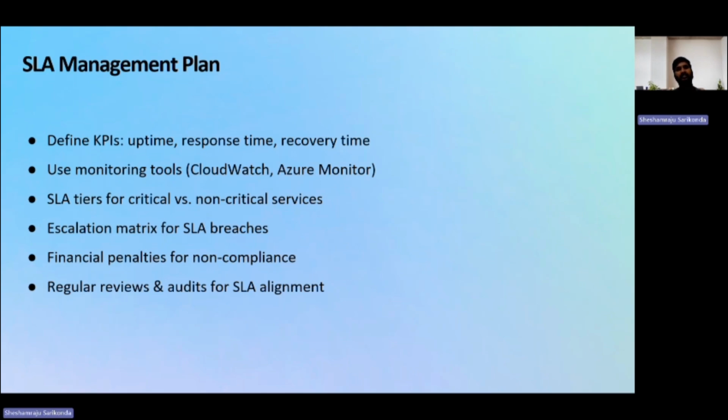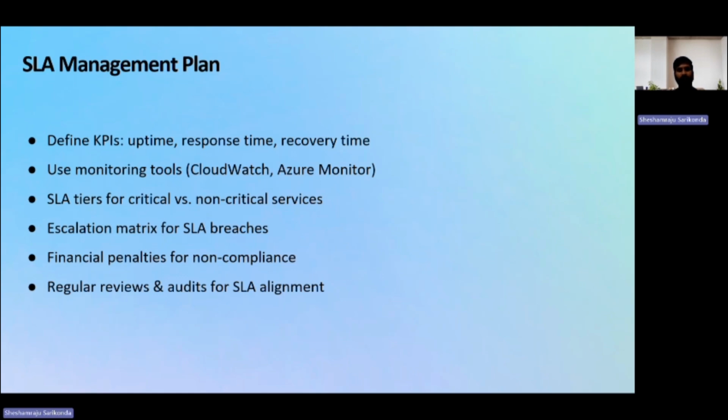SLAs should also outline financial penalties or service credits in case the provider fails to meet promised availability. Finally, we recommend conducting quarterly SLA audits and reviews to ensure alignment with evolving business needs.